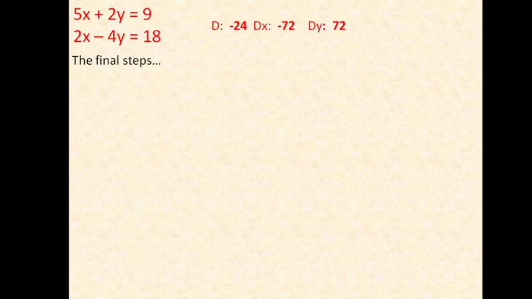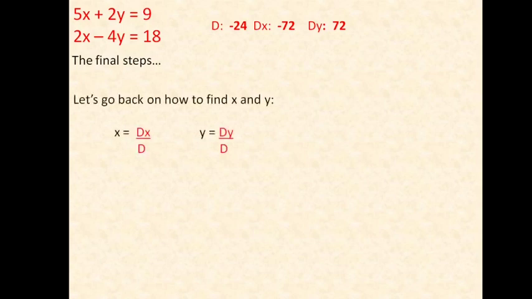Now we have three values, D, dx, dy. It's time to calculate the final values of x and y by using Cramer's rule. So this is the formula to find the values of x and y by using Cramer's rule. X can be determined as dx upon D, y is dy upon D. We have all the values, you just need to substitute.